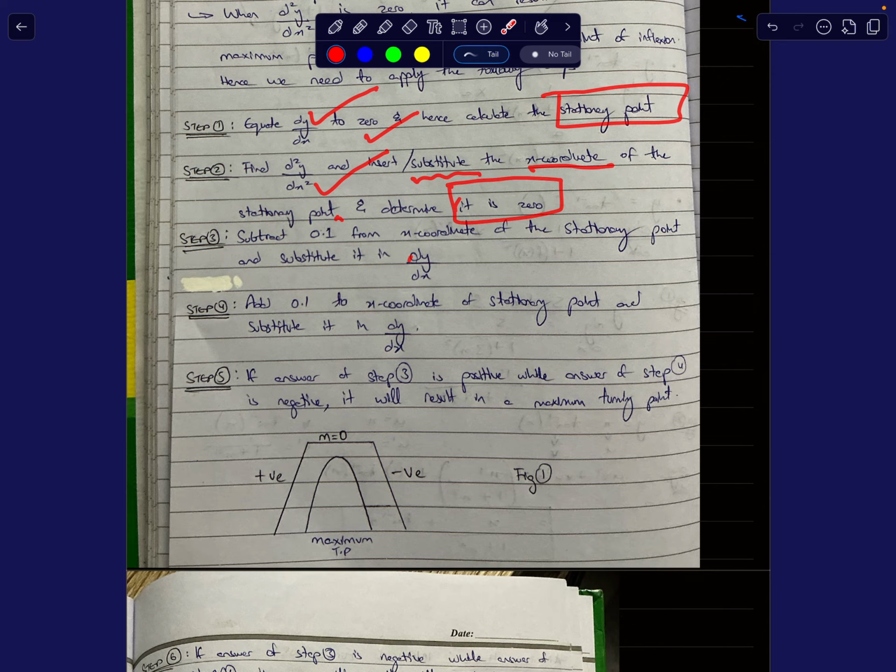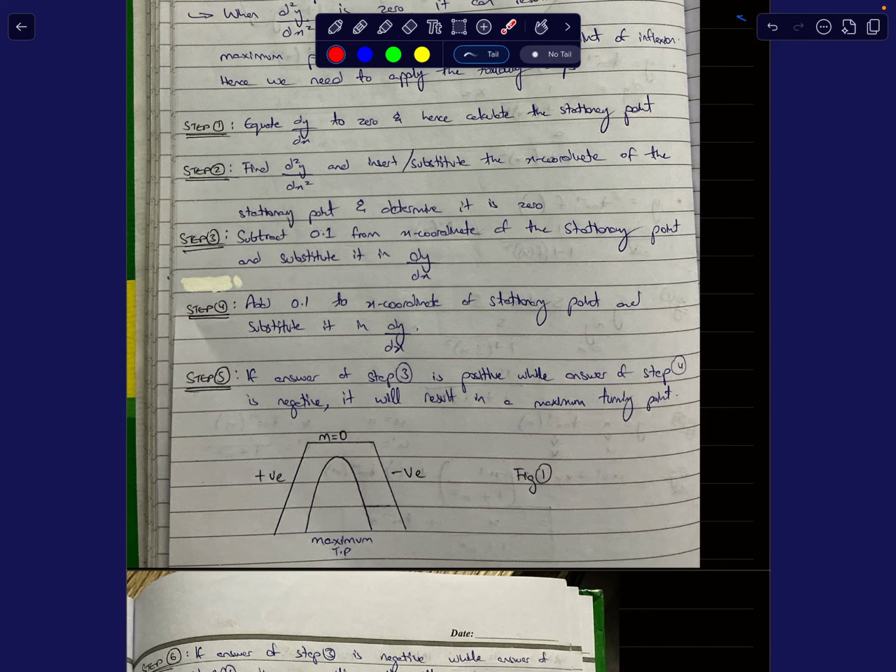Then we need to check on both sides of the stationary point. That is, if the stationary point is 1, we will subtract 0.1 and check at 0.9, and we will also add 0.1 and check at 1.1, that is immediately after the stationary point x coordinate.